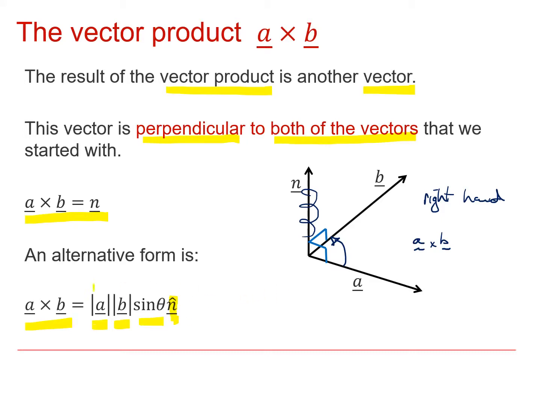Now this is another form that allows us to relate the magnitude of the vector and the angle between them, and we've seen a similar form with A dot B equals AB cos theta. We know that A dot B equals 0 means that the two vectors are perpendicular. What does A cross B equals 0 mean? And you might want to think about that.